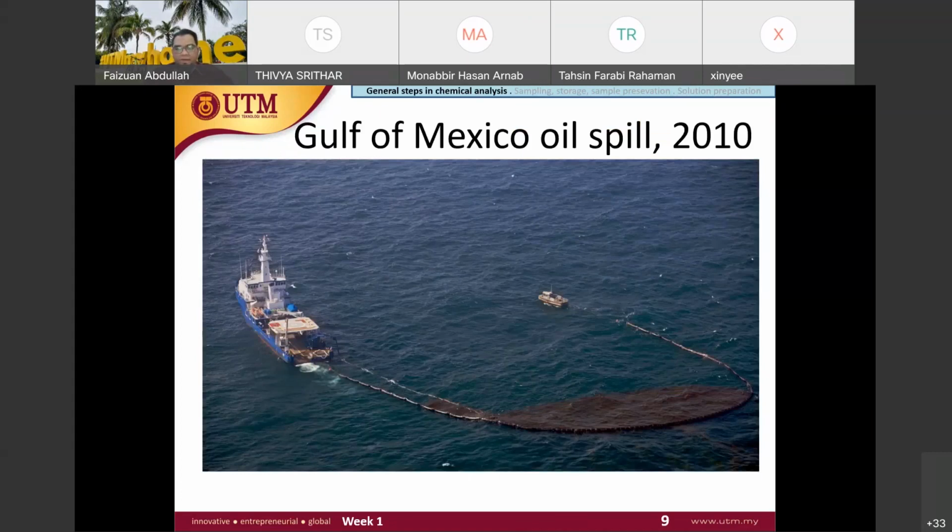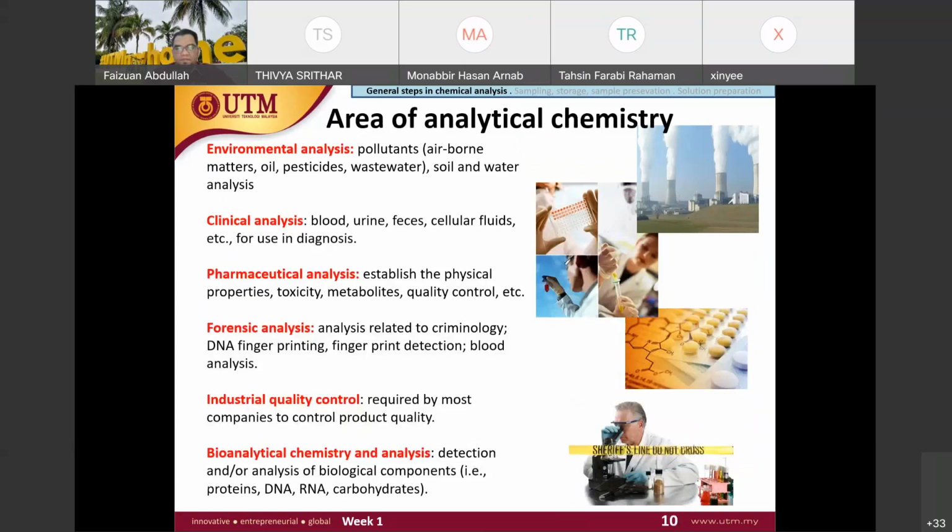This is a Gulf of Mexico oil spill in 2010. Okay, so in the area of analytical chemistry, we have environmental analysis: the pollutants, airborne matter, oil, pesticide, wastewater, soil and water analysis. We have the clinical analysis, which also uses analytical chemistry: blood sample, urine sample, feces, cellular fluids, for use in diagnosis of the ill, and anything else in the clinical aspect of analysis.